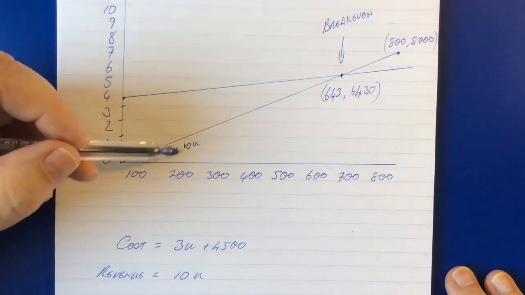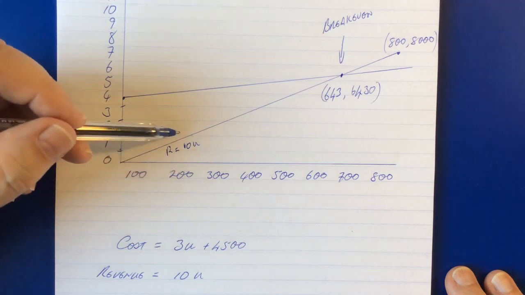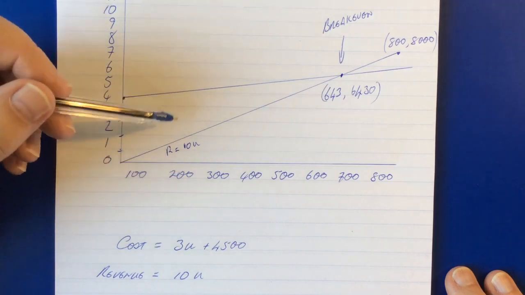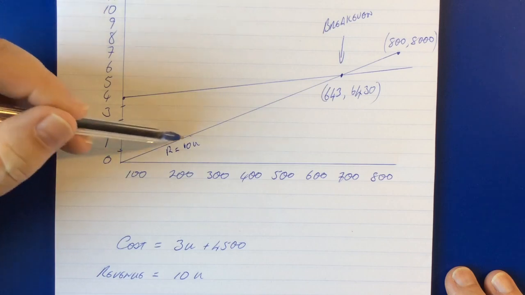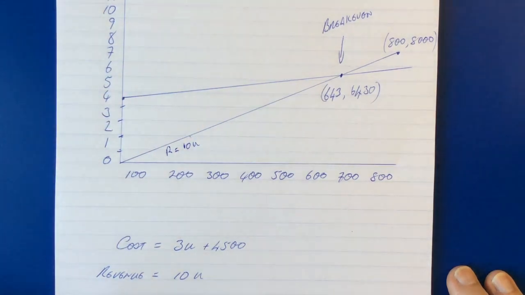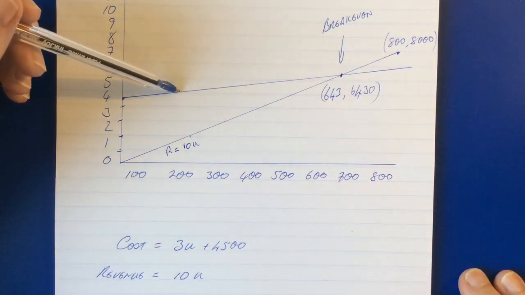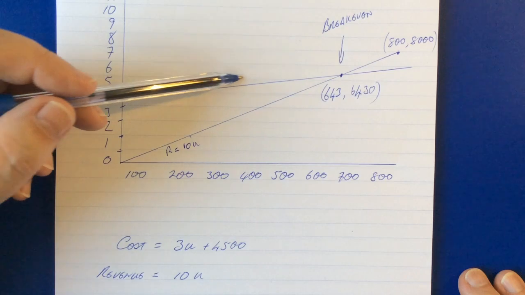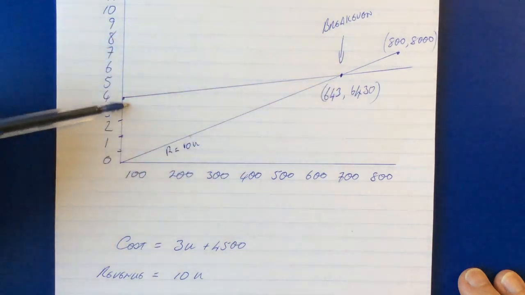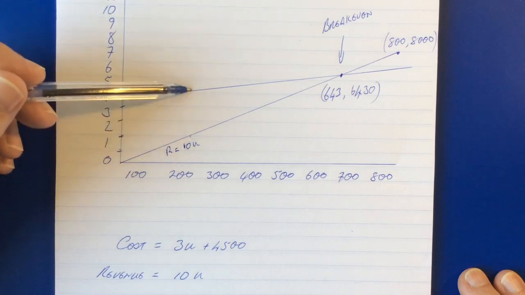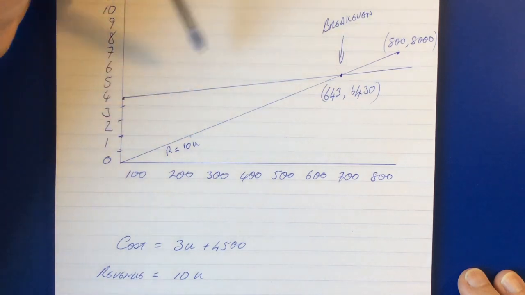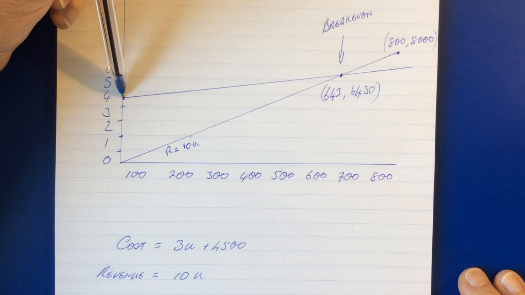At 200 units, they're getting $2,000 in revenue, which approximates to the $2,000 mark here. Their costs are still way up here. So in this area of these graphs, this business is making a loss because revenue has not caught up with expenses. Let's look at the expenses graph.